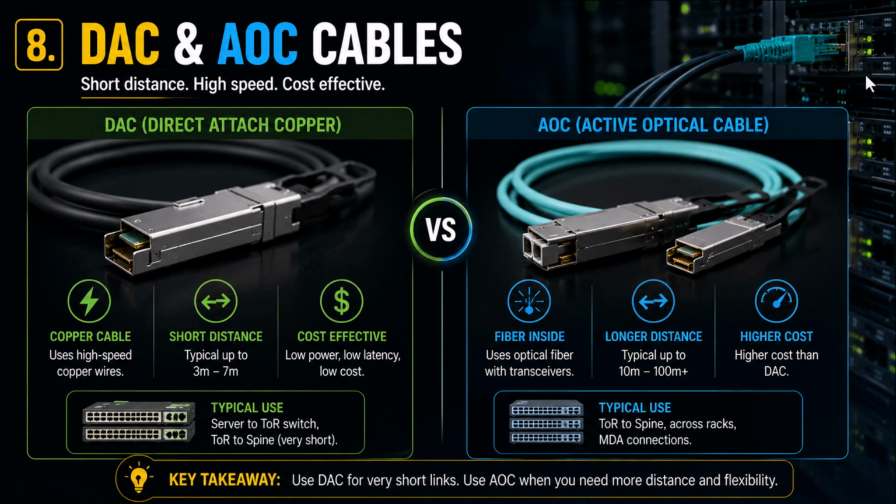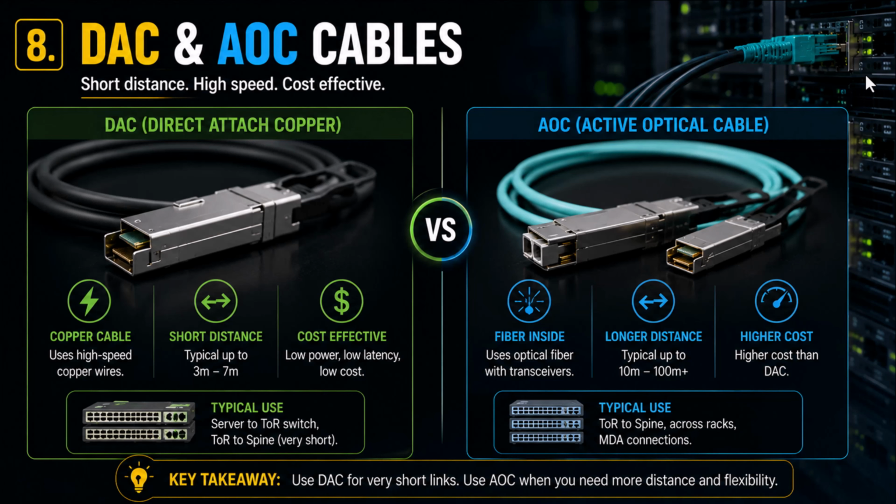For short distance data center connections, we also have DAC and AOC cables. DAC means direct attached copper. It's commonly used for short, high-speed connections and can be a simple and cost-effective option. AOC means active optical cable.